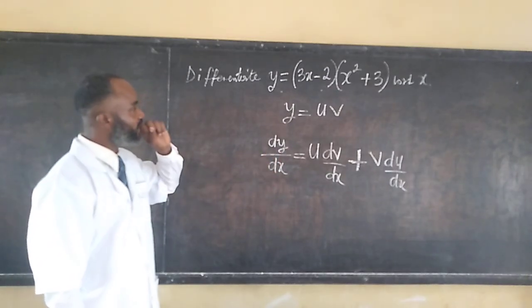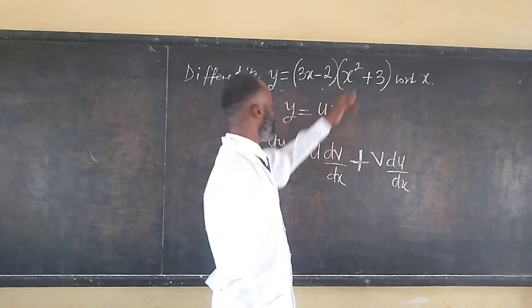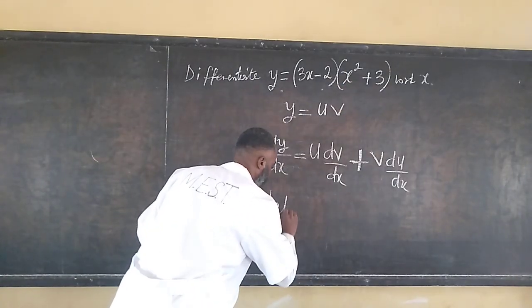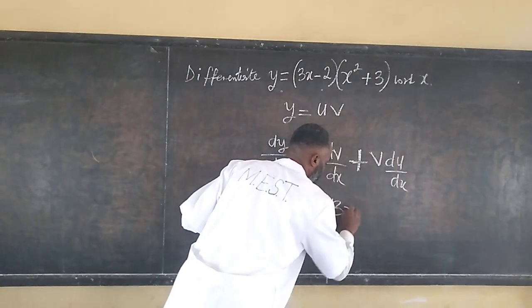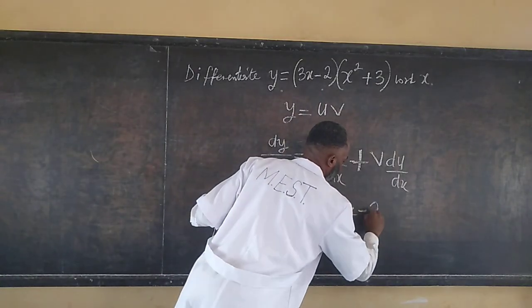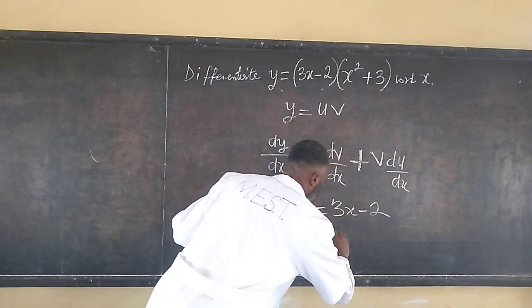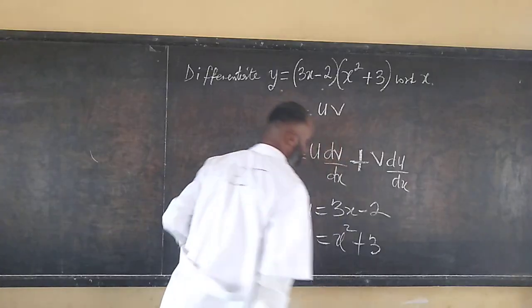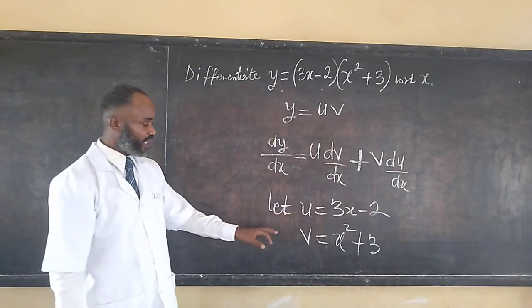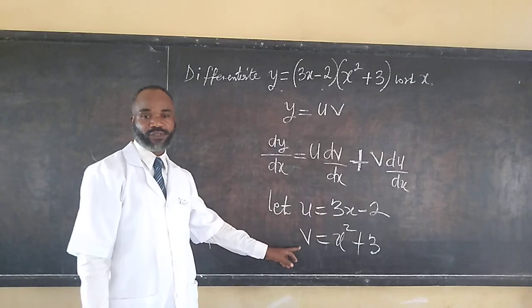The next thing is we identify our u and then identify our v. So we can now say let u be the first bracket, which is 3x minus 2. Then v is x squared plus 3. So we have identified the expression for u and the expression for v respectively.